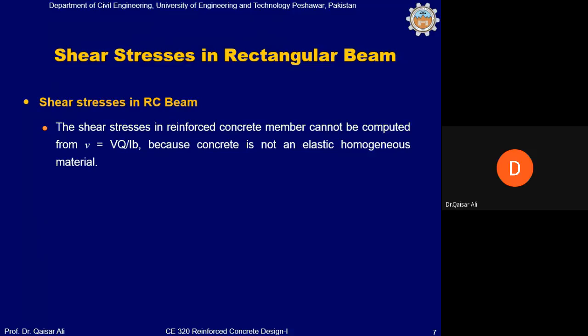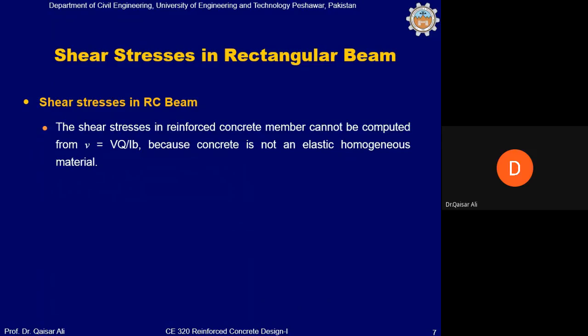We know that in a reinforced concrete beam, the beam enters into a nonlinear inelastic stage well below the ultimate loads, in the very beginning. Therefore, this equation of shear stress variation through the depth of the beam, which is usable when the beam is made of homogeneous material and the stresses are in the linear elastic stage, cannot be used for a reinforced concrete beam.